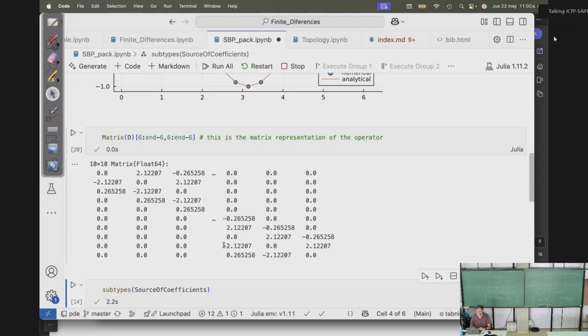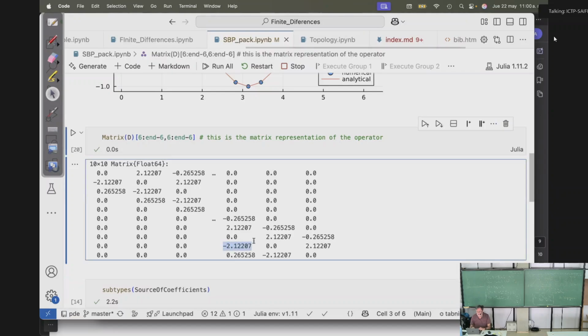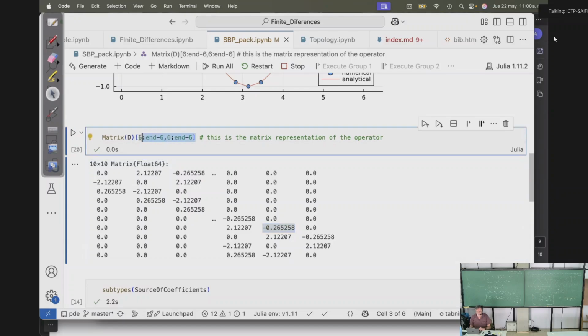But here you can see some of the coefficients. This coefficient is 1. These are plus minus, and this is another coefficient. Okay? It's hard to see the whole metric because it's a big metric.